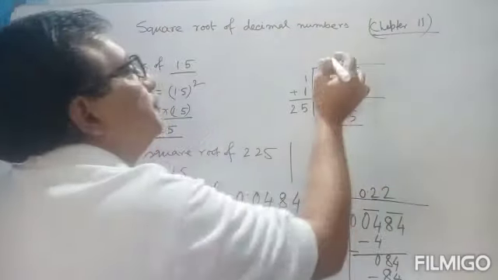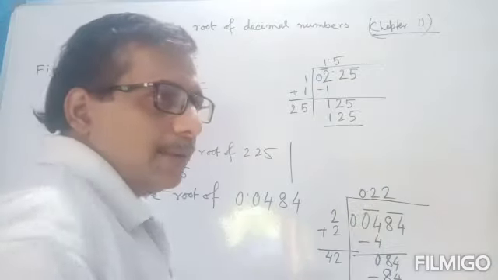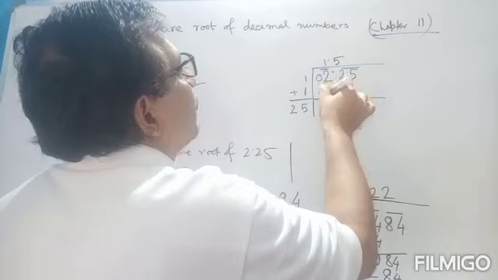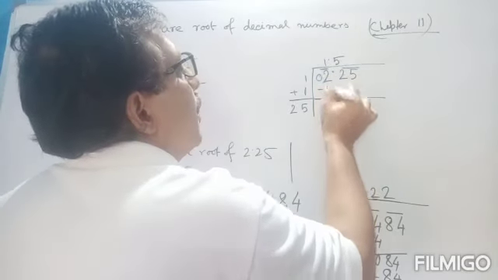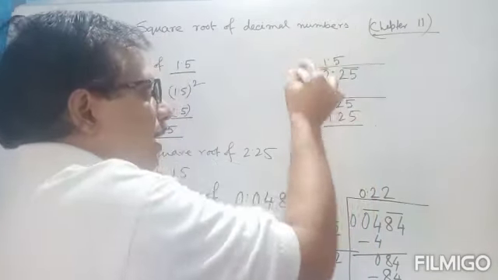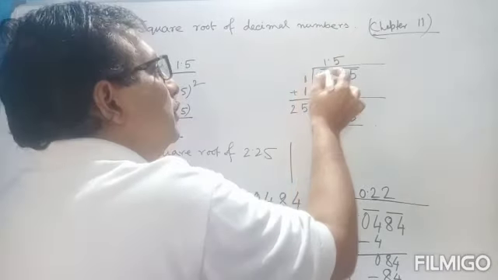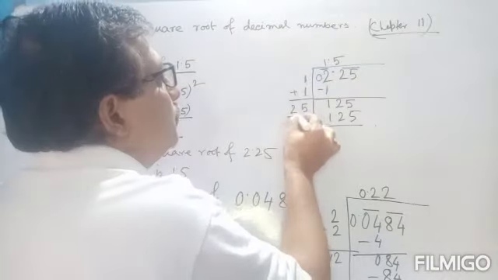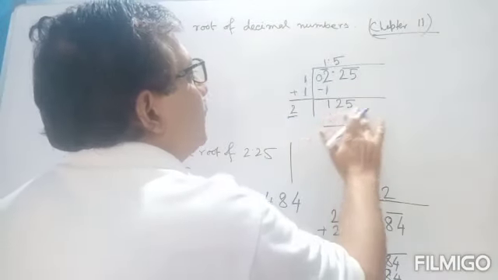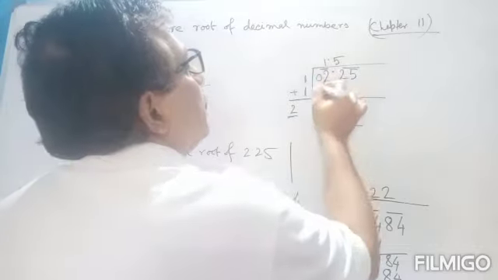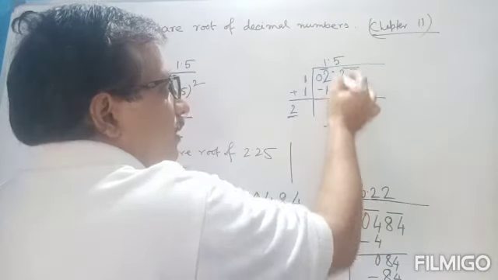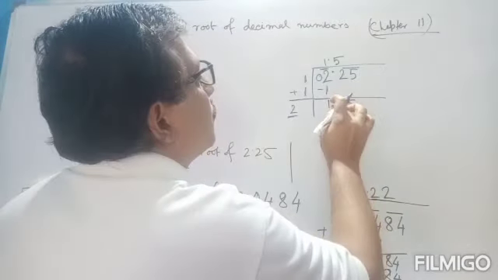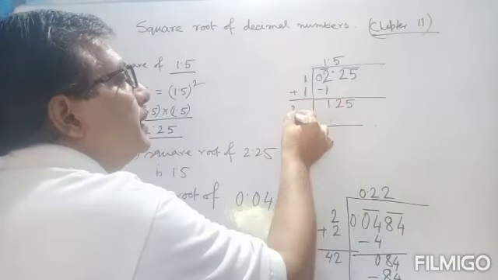So this is the pair. So this is 2. First, 1 ones are 1, 2 twos are 4, which is greater. So we put 1 here. Subtracting, we get 1. The point goes here and we write 1 here, and adding 1 plus 1, that is 2. Now if we subtract, this is 1 and point here, so take this 25 here, so 125. This is 2.